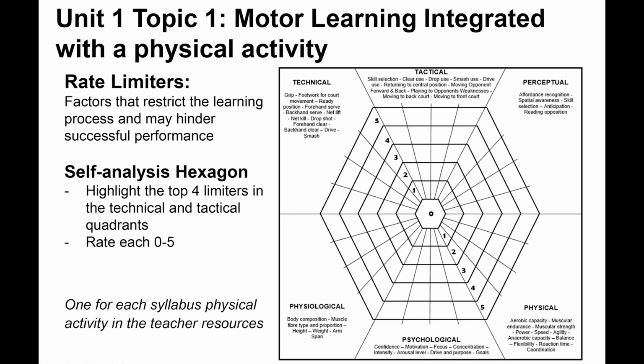Look at the things listed in each of the 6 quadrants and think about your own badminton skill, and highlight 2 of the things that you think are really affecting your badminton play. Now, if you haven't played a lot of badminton, think about the things you might be struggling with, if you did.